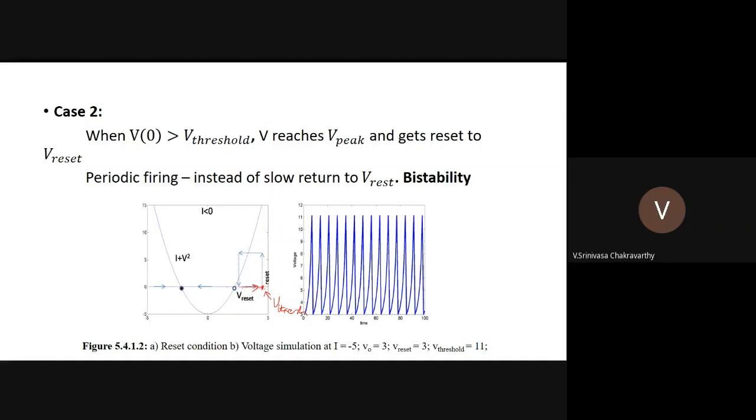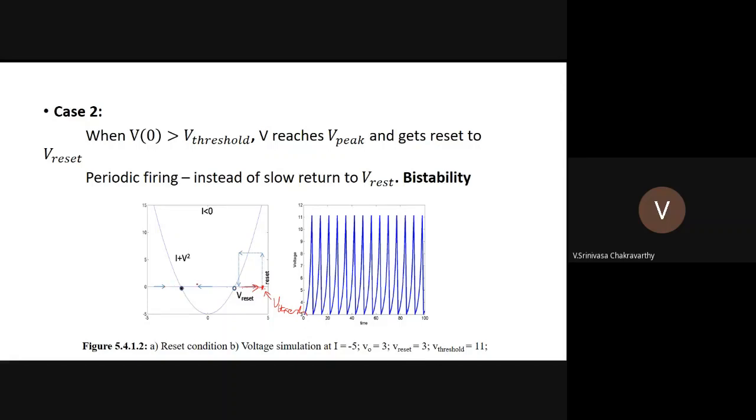So you see this repeated return from here to here. That's what you are seeing in this plot on the right side. It goes to this level and comes back to this point, and keeps on doing it. It will never go all the way here.